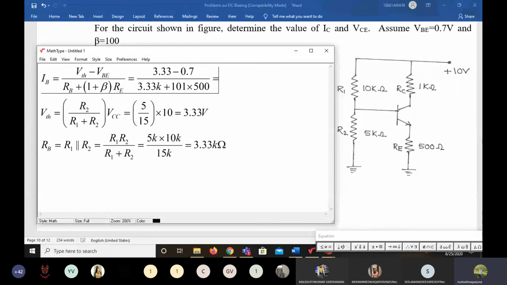101 into 500 means 50.5 kilo ohm resistor, plus 3.33.